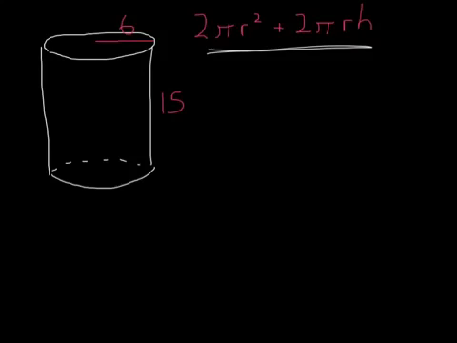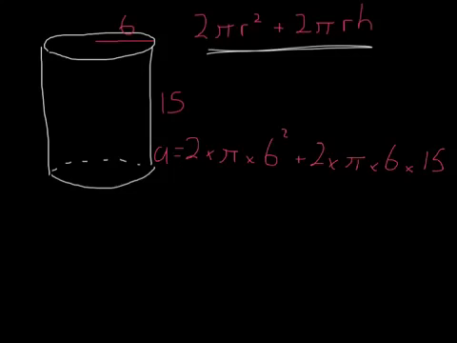So let's put all this in together. So let's start: 2 times pi times 6 squared plus 2 times pi times 6 times 15.